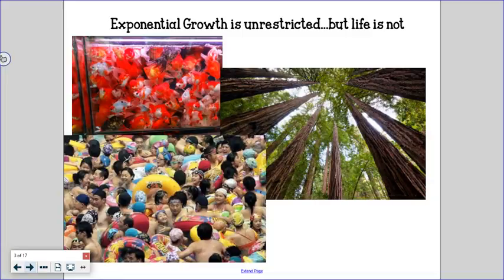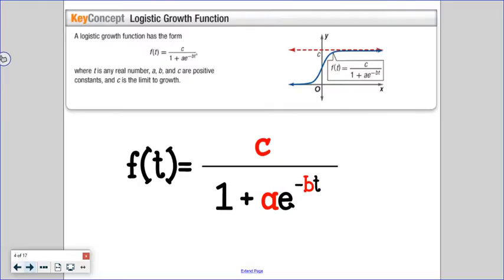The number of people in an amusement park, in a country, number of houses in the Elkhorn South School District seems to be growing very quickly right now. At some point, someday, we are going to run out of room to put houses in this district, right? So there is a maximum to most real life growth. And that's what logistic curves model.